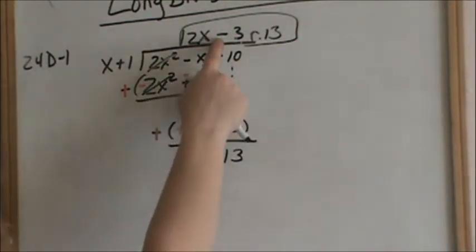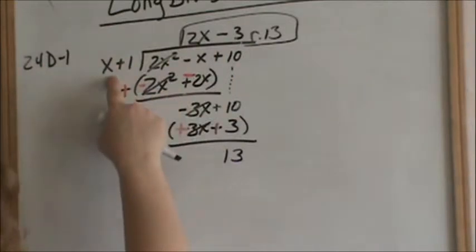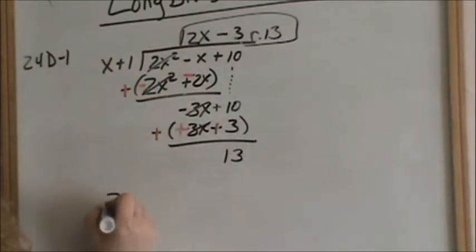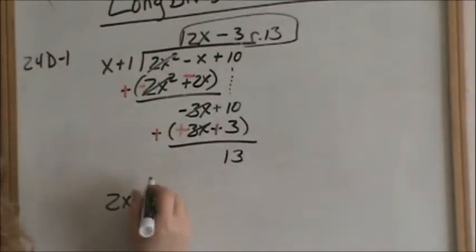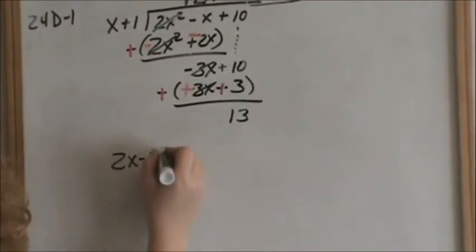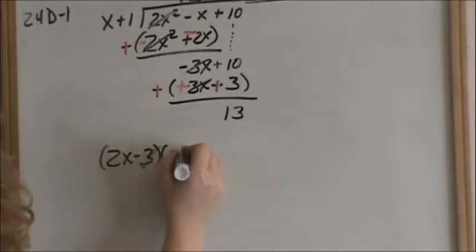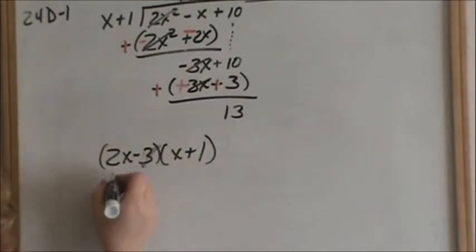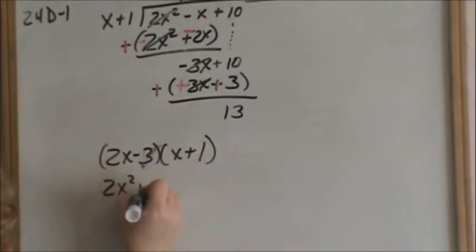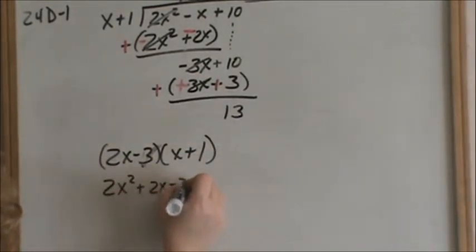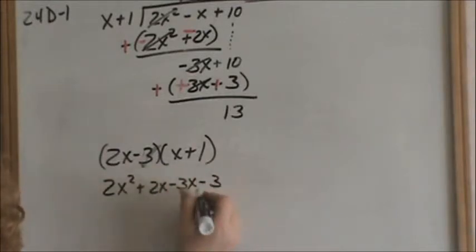You still say this binomial times this binomial. So to check, you say the 2x minus 3 times your x plus 1. Foil that out. 2x squared plus 2x minus 3x minus 3.